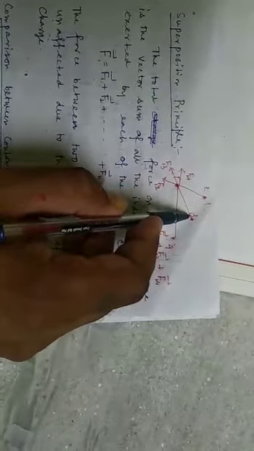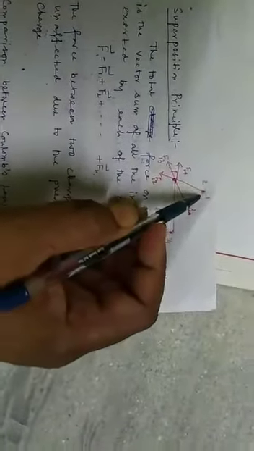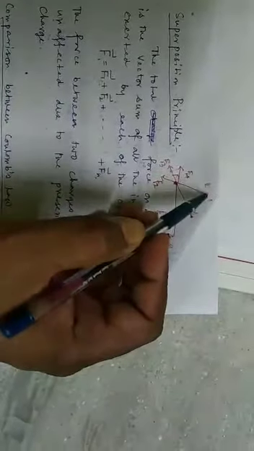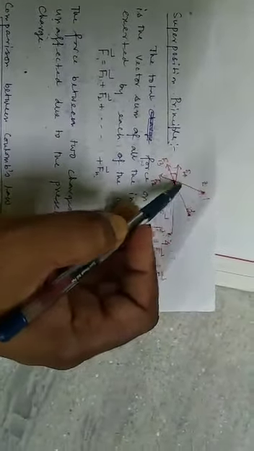Clear? That is, if here 1, 2, 3, 4 charges are present, we want to find out the force on the charged particle 1 due to the charges 2, 3 and 4. Clear? Now, if we consider the individual mutual force between 2 and 1, it should be along this.